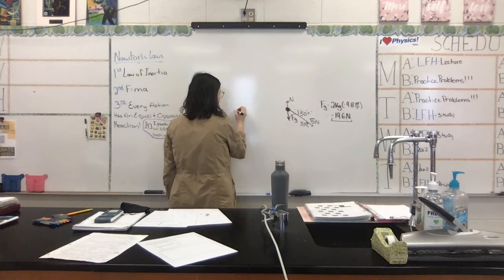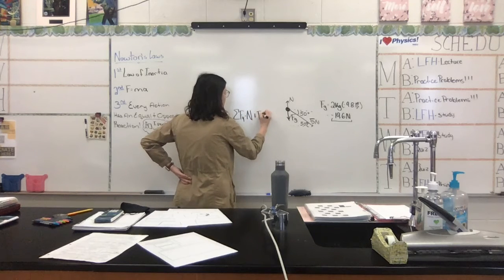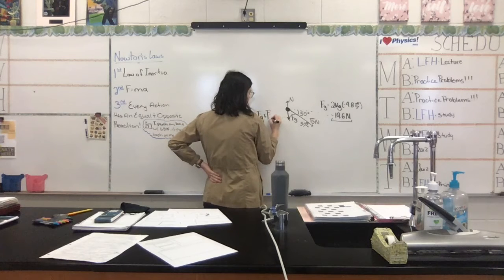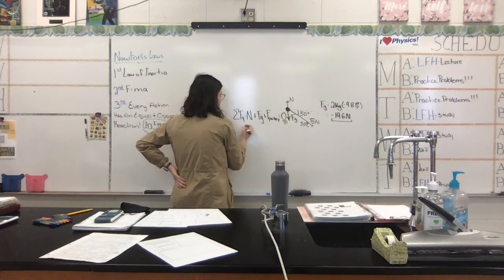So in order to find our normal force, we're going to want to sum all of those forces in the y direction. So the normal plus the force of gravity plus the force of that push in the y direction, which will all equal our favorite number of 0.